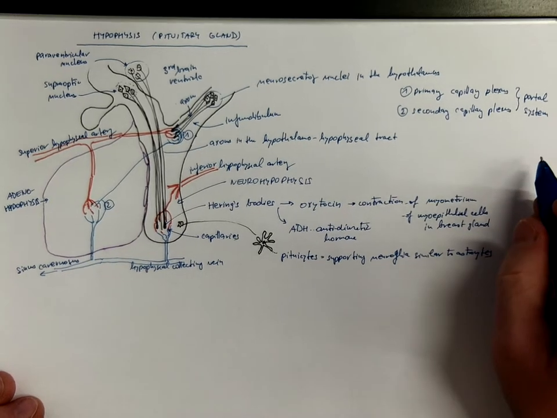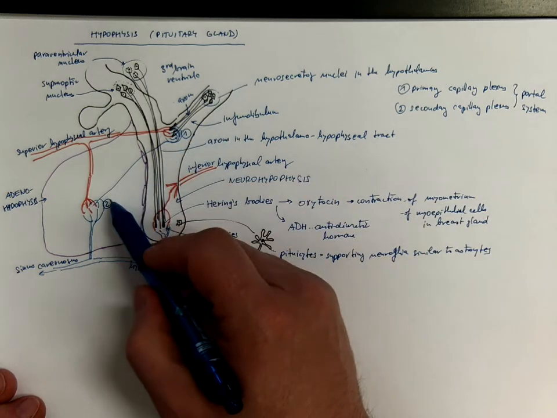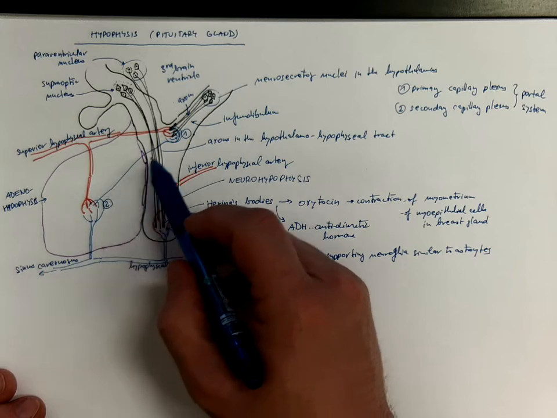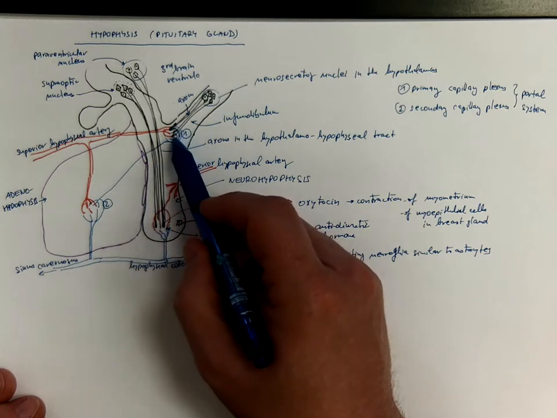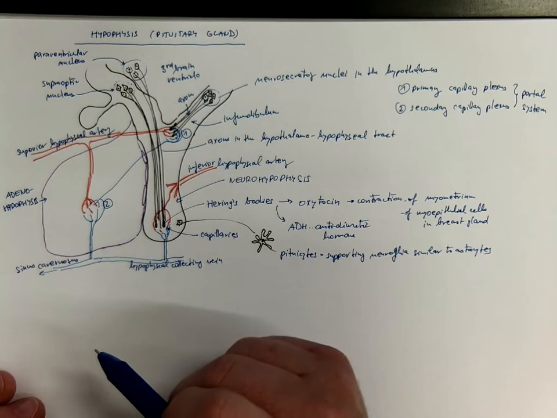Portal system in this context means that there are two microcirculations arranged in series. So the hormones are transported from the hypothalamus into the hypophysis.